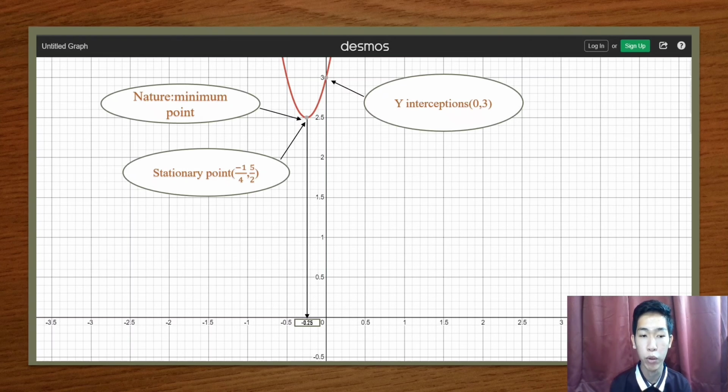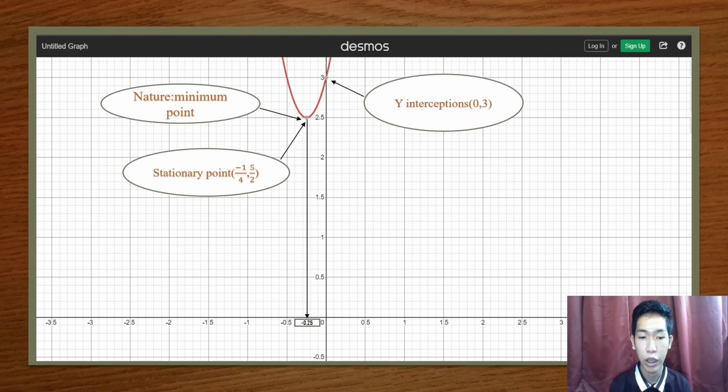Now we will plot the y-intercept 0 and 3, and then we plot the stationary point, negative 1 over 4, which is also equal to negative 0.25, and 5 over 2.